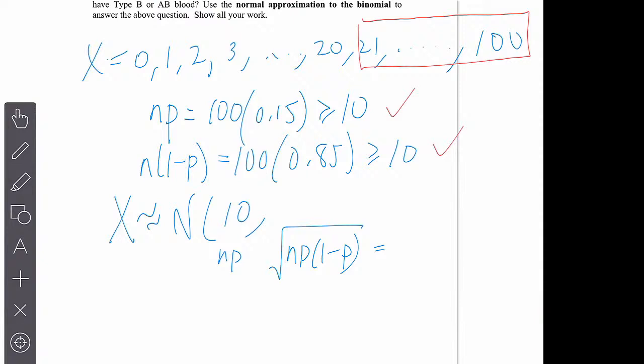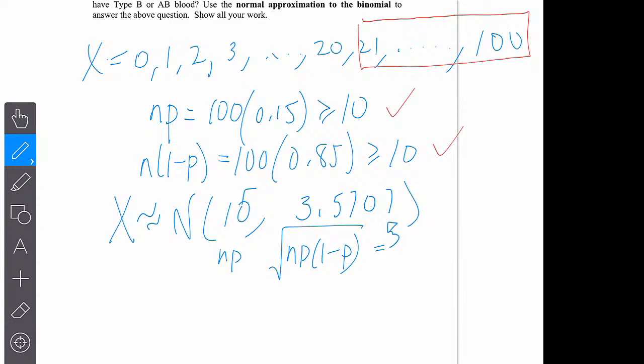Let me fix that. So the mean was 15, and when you calculate this, you get 3.5707. Not sure why I made a mistake, but that's how I got that.